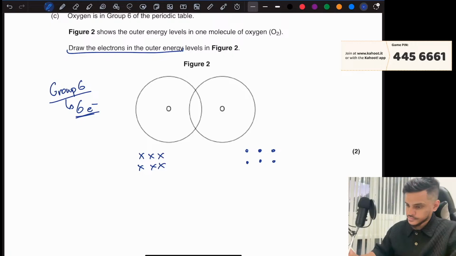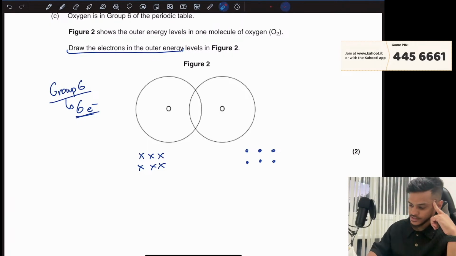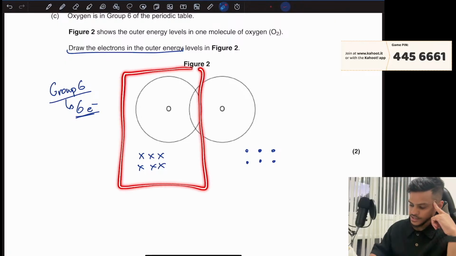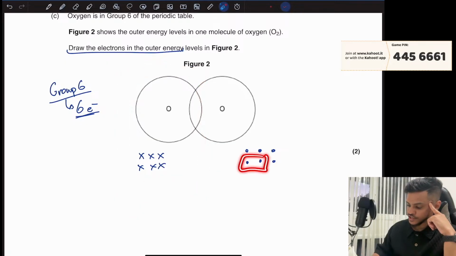Okay, so what needs to go in your head is, let's first look at this left oxygen. It has 6 electrons. How many does it need to get a full outer shell? It needs 8 in total, right? So it needs 2 more. So it needs to share 2 electrons. So we're going to get these 2 electrons and put them in the sharing region in the middle here. Okay, so let me cross these 2 out and I'm going to put them in the middle.